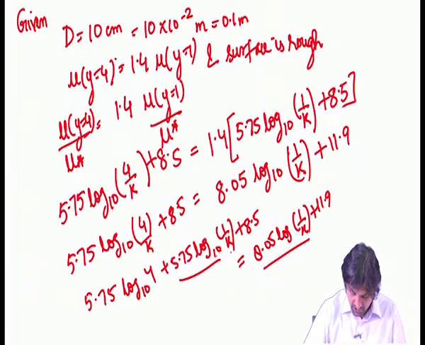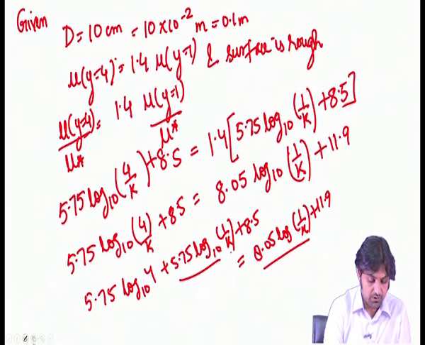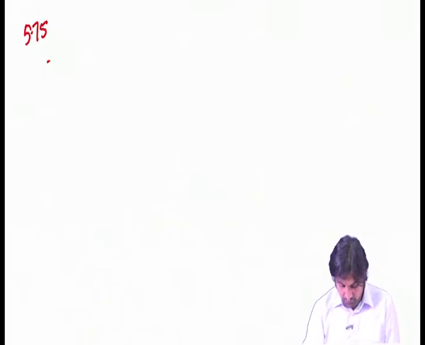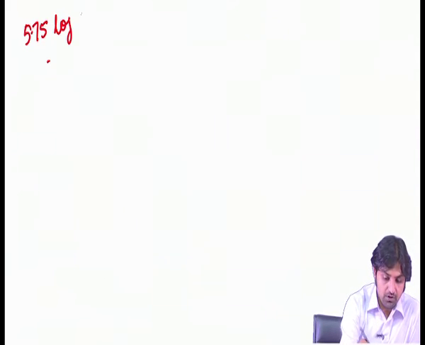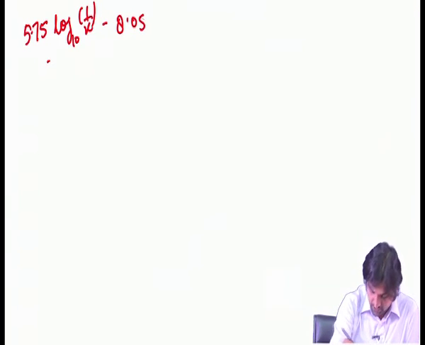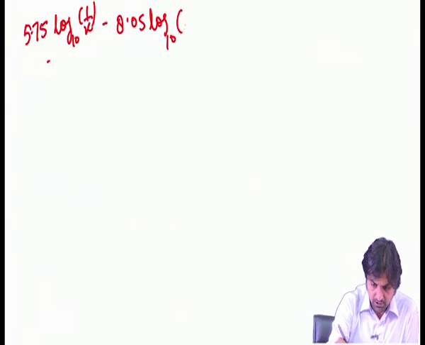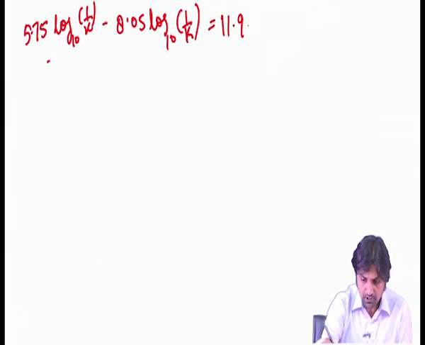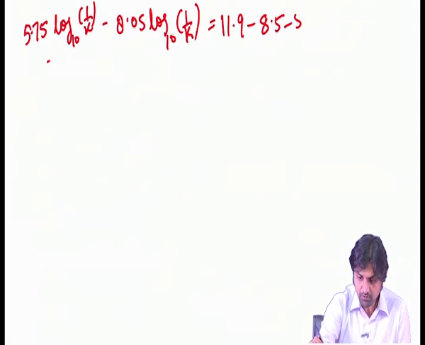And if we take it to the other side, we are going to bring it on the other side: 5.75 log 1 by k base 10 minus 8.05 log base 10 1 by k is equal to 11.9 minus 8.5 minus 5.75 log base 10 4.